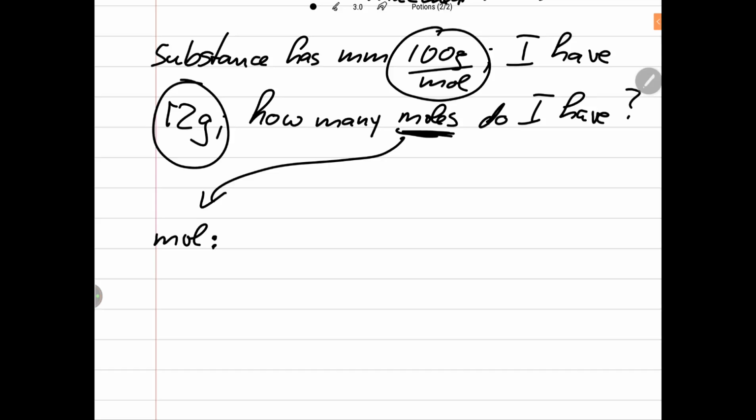Mole with an E and without E is usually sort of equivalent, so don't worry too much about it. If it is in a unit, it's usually without an E. If it is in a different context, then it's usually with an E. Don't worry too much about it, right? Okay, that is the unit that I'm looking for, mole.